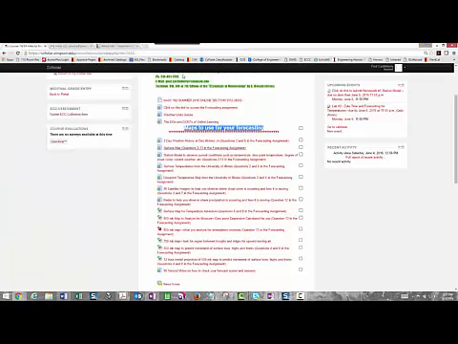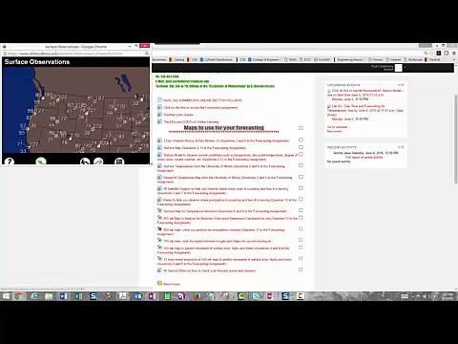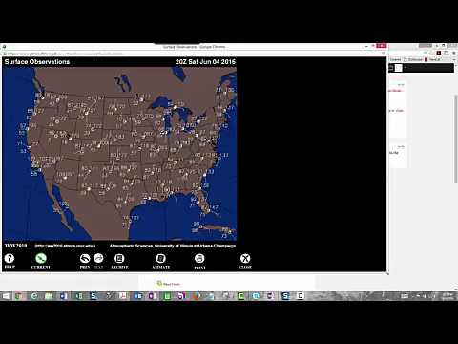So let's talk about some maps that we can look at for wind direction. Now this is question 12, so it's the same 2 maps here. We can look at a station model. And so we can see that the current winds are out of the northwest.